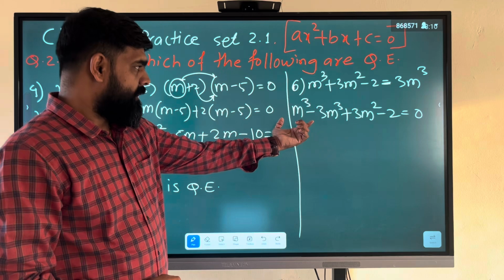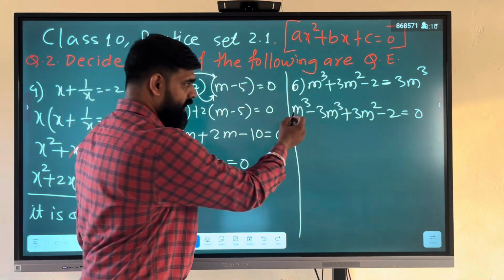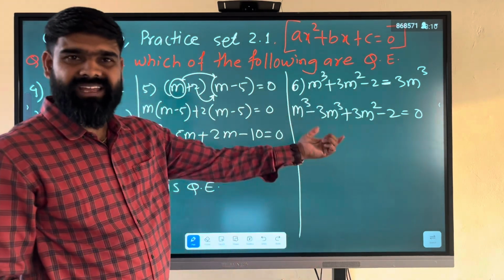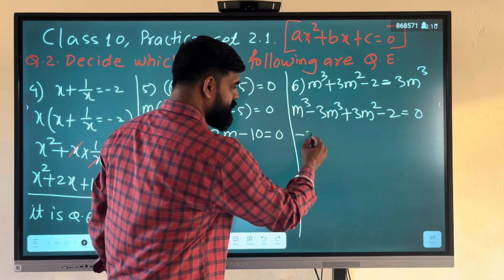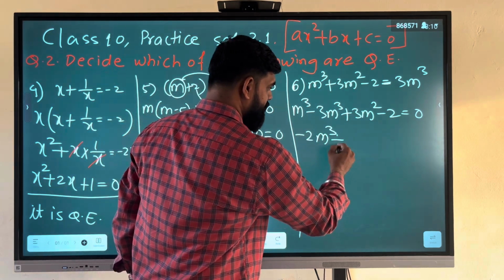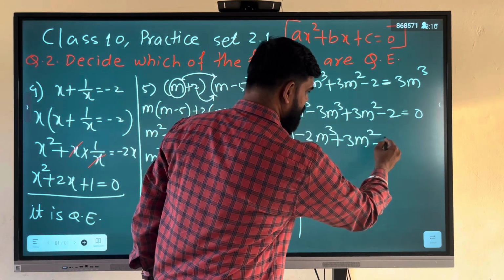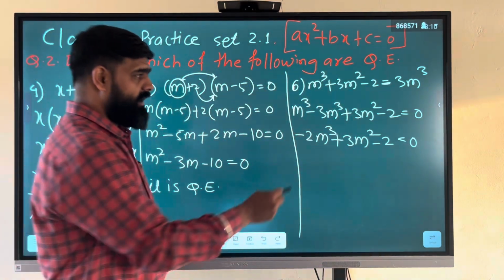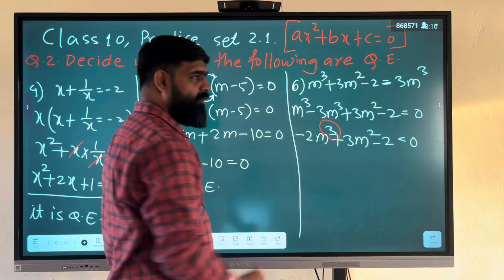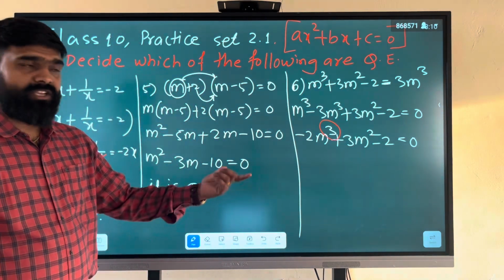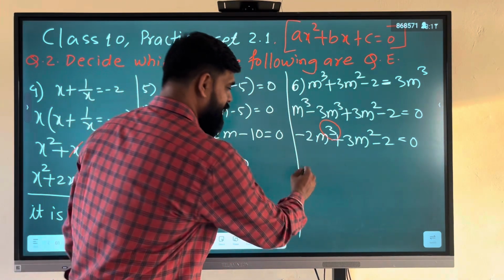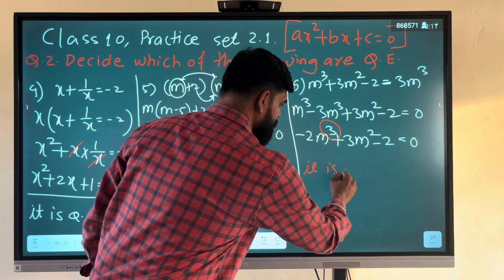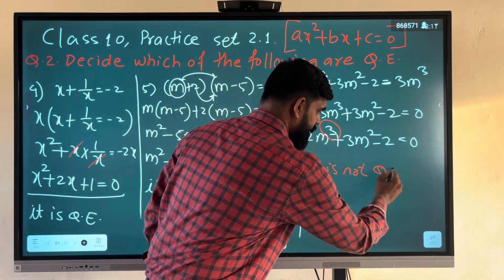And if we subtract, m cube minus 3m cube will become minus 2m cube plus 3m square minus 2 is equal to 0. Now we can easily see that here the highest power, or degree, is 3. So this is not a quadratic equation.